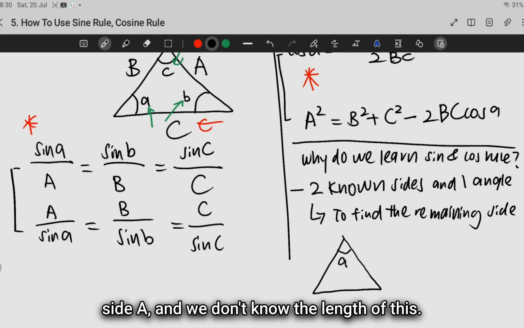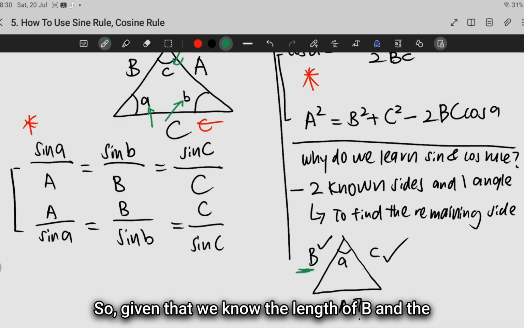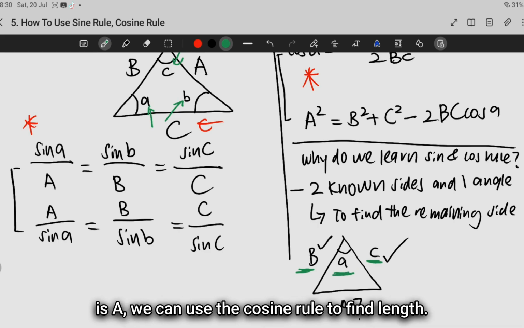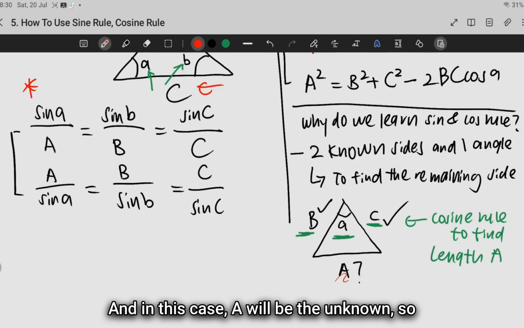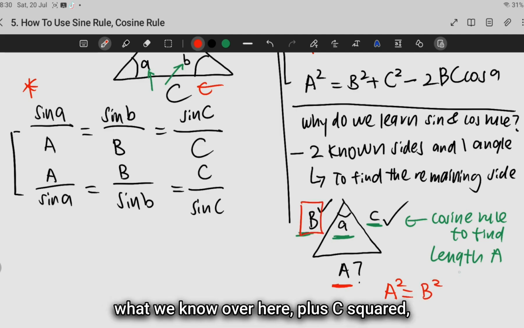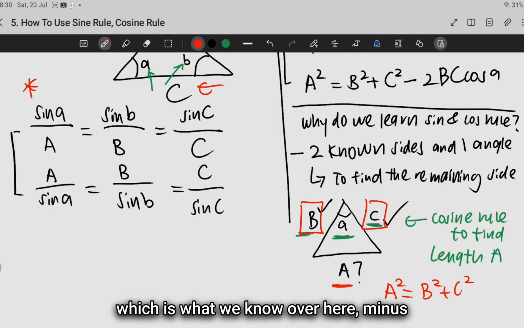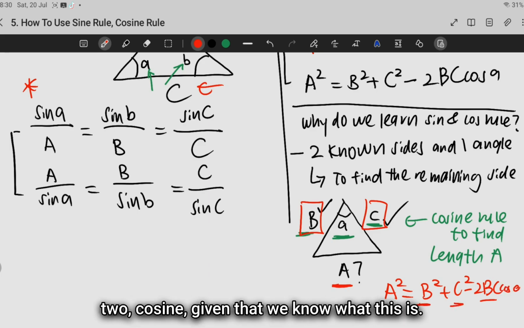This is angle A, this is side A, and we don't know the length of this, but we know the length of B and we know the length of C. So given that we know the length of B and the length of C and the angle in between, which is A, we can use the cosine rule to find length A. In this case, A will be the unknown, so A square will equal B square, which is what we know over here, plus C square, which is what we know over here, minus 2BC, which is the values of these two, cosine A, given that we know what this is.